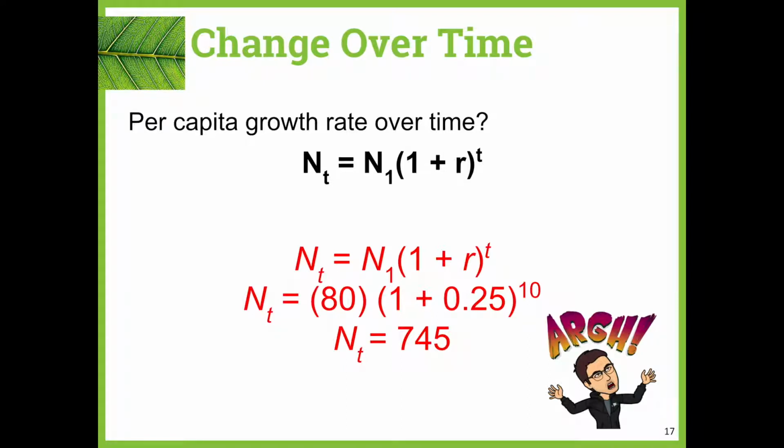Why is that? That is because the individuals added will also eventually reproduce. And so through time, more and more individuals will contribute to the growing population. On the next slide, I'll show you the characteristic shape of an exponential growth curve. Let me show you that right now.